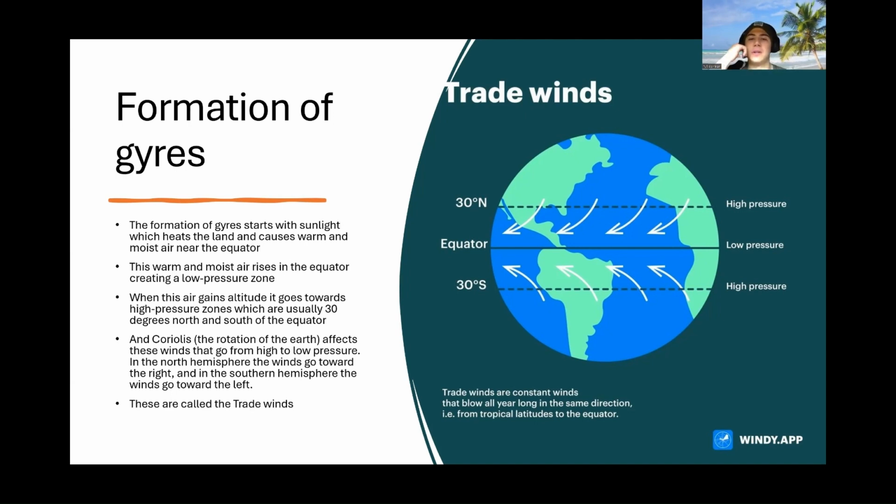So in the image, you can see how the wind would go from high pressure to low pressure, but it's all going towards the left, and this is because Coriolis has an effect, and the wind from the northern hemisphere goes towards the right, and the one from the southern hemisphere goes towards the left.